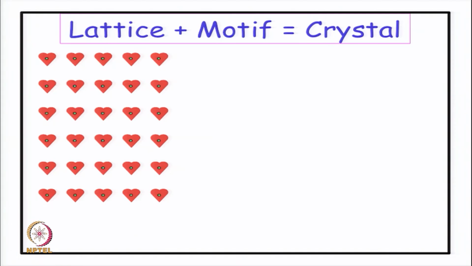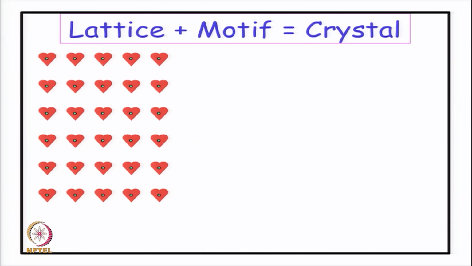Now, if I want to analyze this pattern as lattice and motif, just like a crystal is a periodic pattern of atoms, now we have a periodic pattern of hearts. This also can be analyzed as lattice plus motif. So, first let us look at the lattice. I have now placed a dot in the center of each of the hearts. These dots now represent the lattice of this pattern.